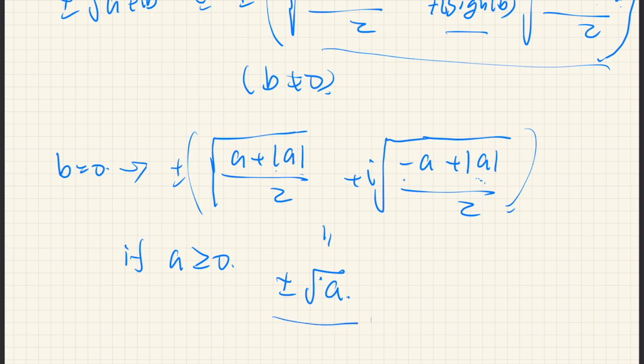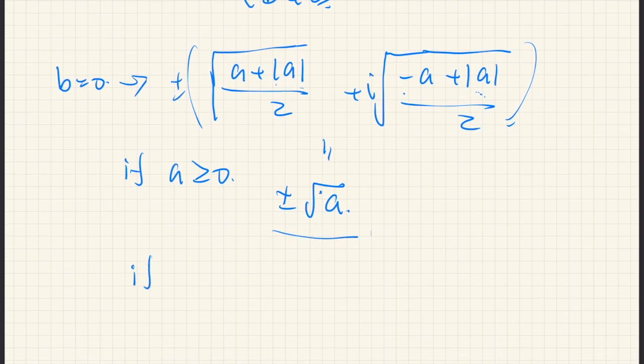So it's this. And if a is negative, then the absolute value of a is negative a, so a plus negative a is 0. And negative a plus negative a is negative 2a, so that's negative a. So that's plus minus i times the square root of negative a.